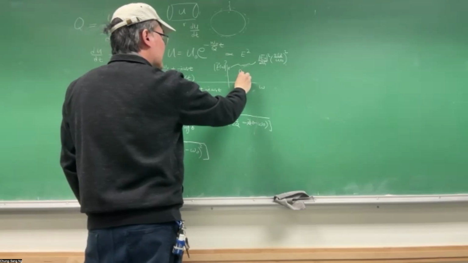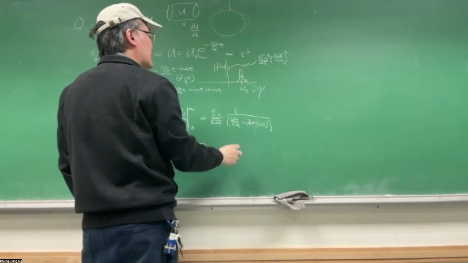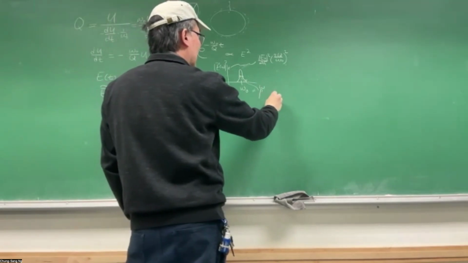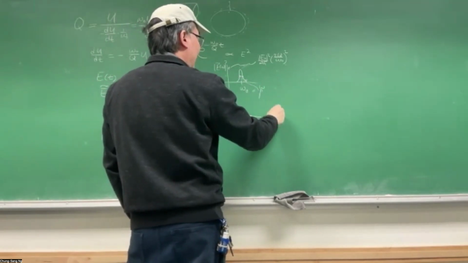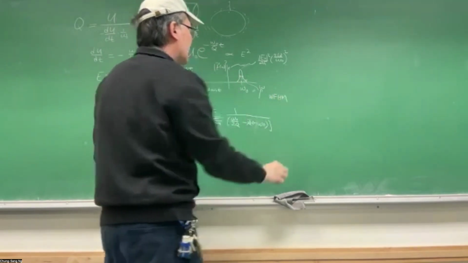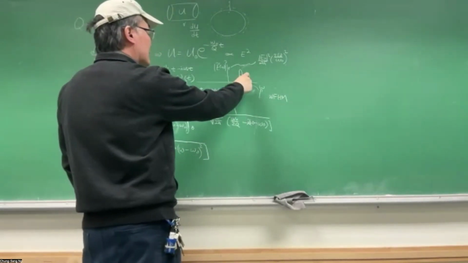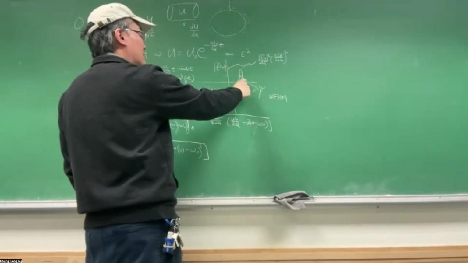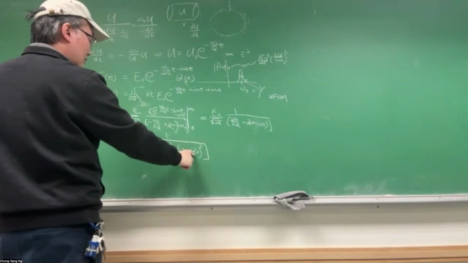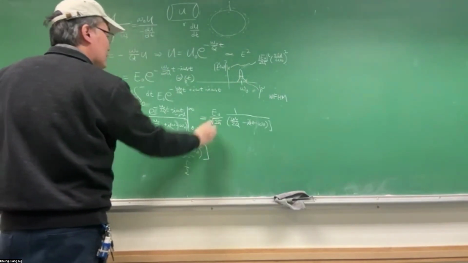We define this width as the full width at half maximum. So this is gamma. Assuming that this spectral line is symmetric, this omega minus omega sub 0 becomes gamma over 2, because it is symmetric.